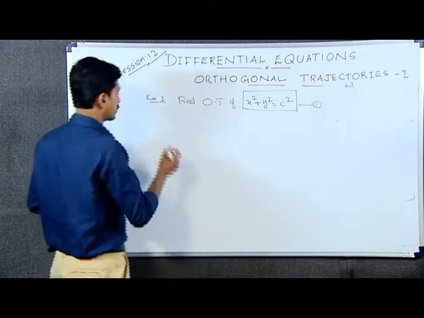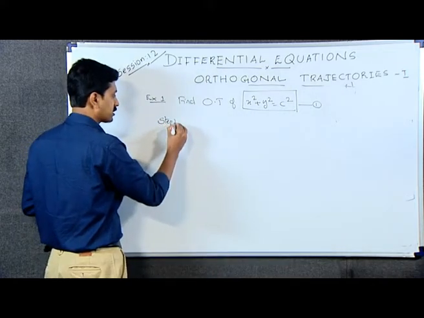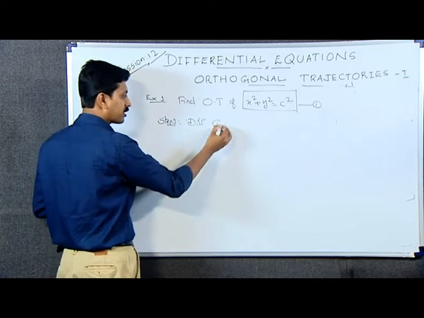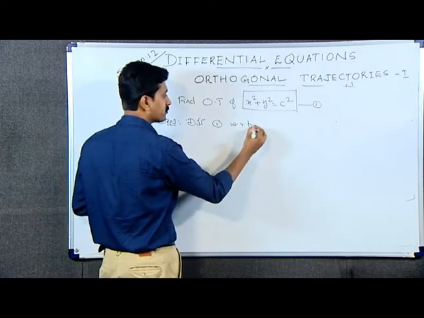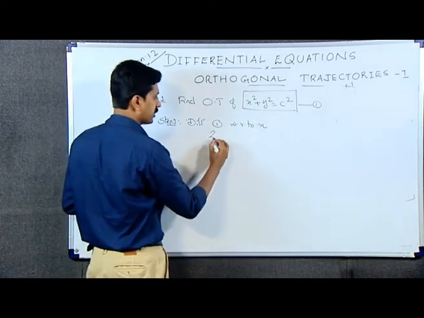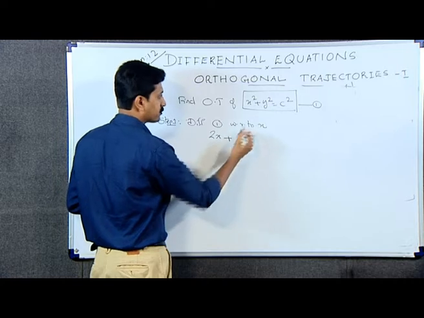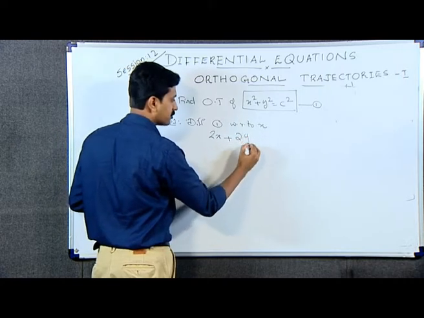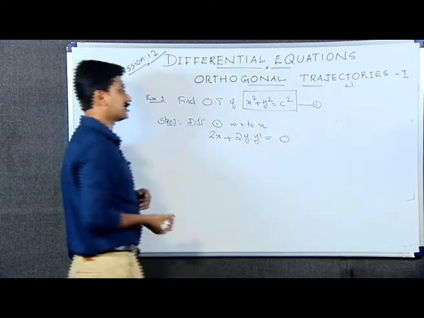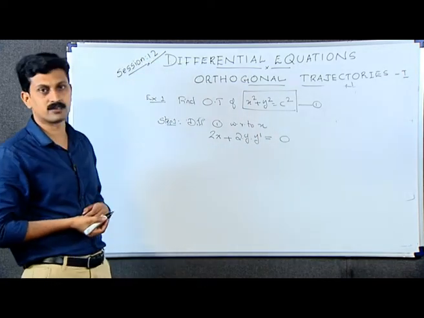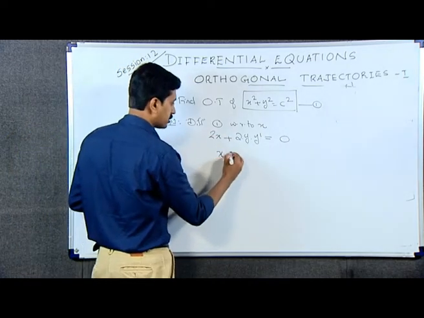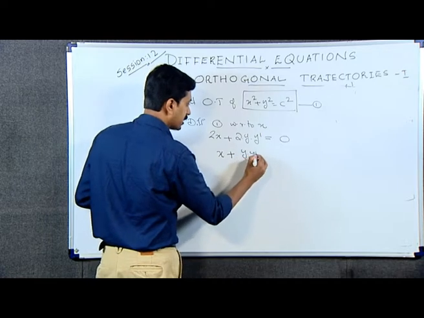So, in step 1 we will differentiate 1 with respect to x. Here we will have 2x, and the derivative of y square is 2y into the derivative of y, that is y dash, equal to, we are treating c square as a constant, therefore that is equal to 0. 2 is common, therefore x plus y y dash is equal to 0.